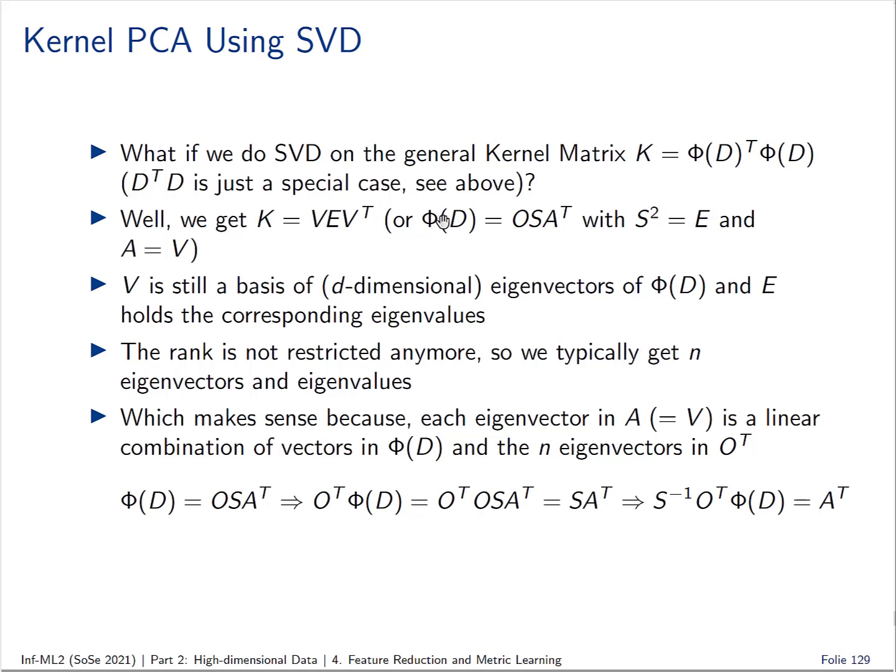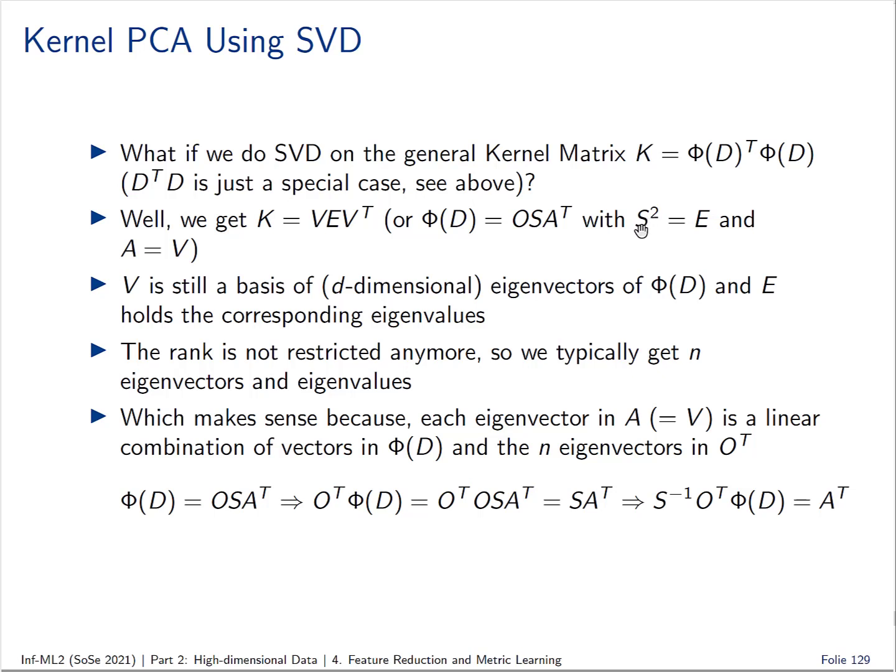So this transformed data set after the mapping, which we don't want to compute explicitly, can be decomposed into OSAT, and the relationship is as before. The A is the matrix of the eigenvectors, the V here, and the S squared is the diagonal matrix of the eigenvalues.